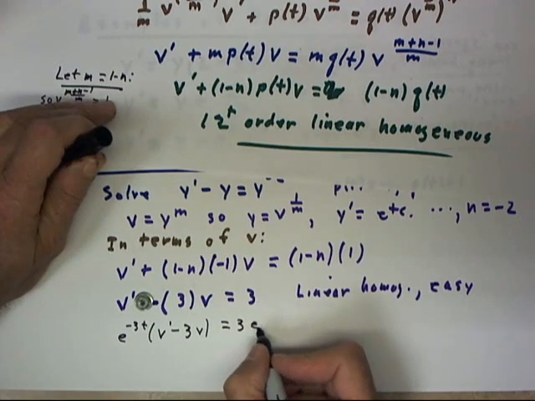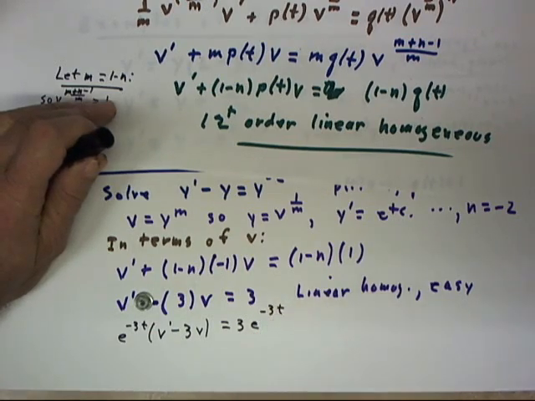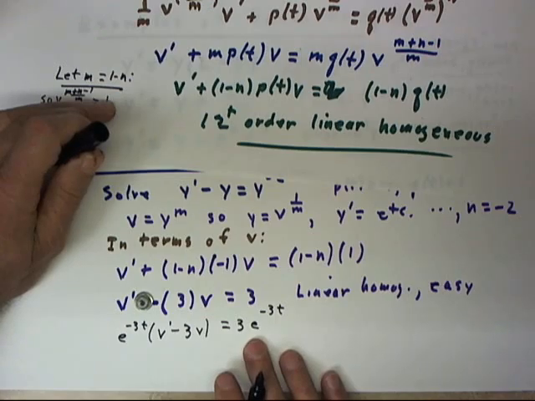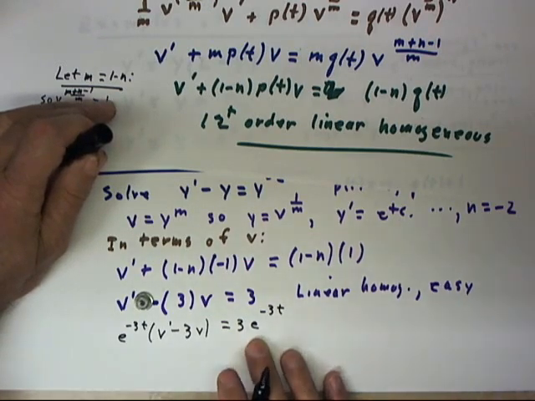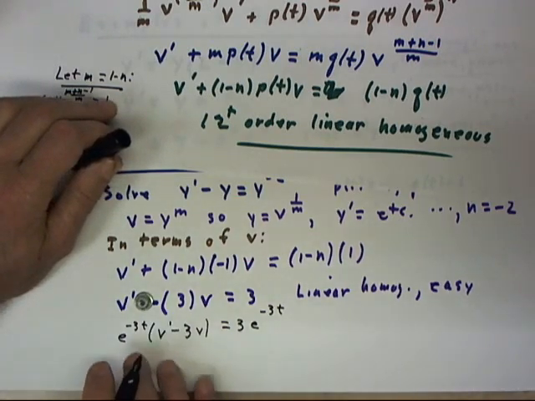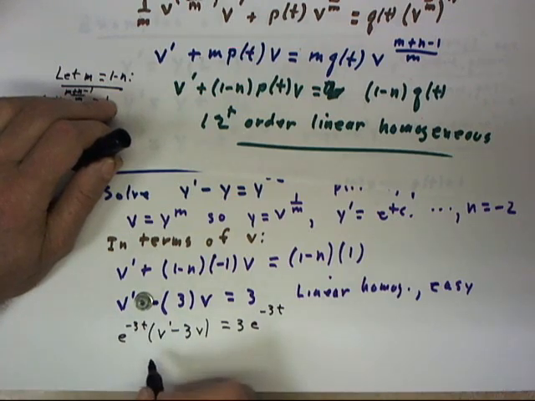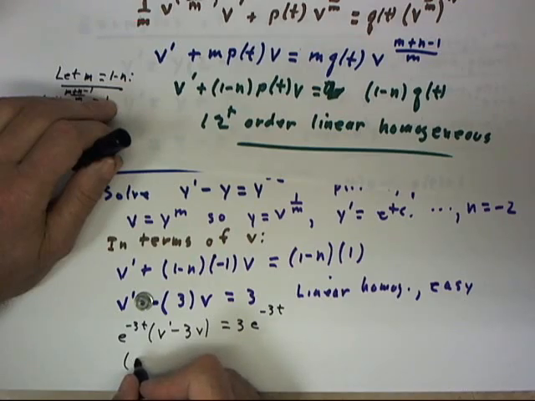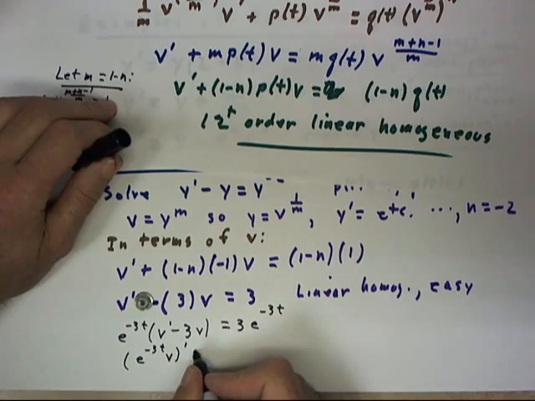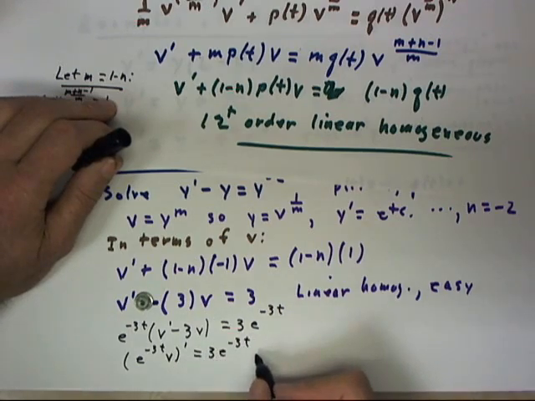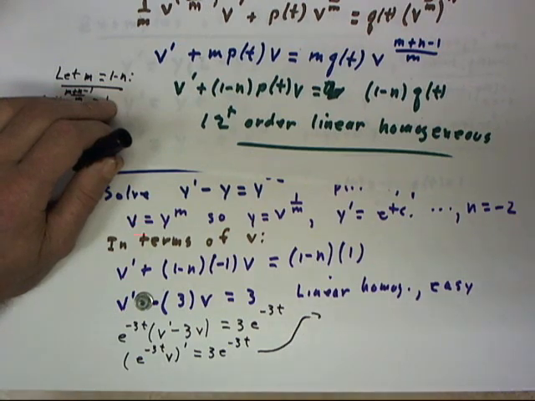And over here we're going to get 3e to the negative 3t. We see that the right-hand side is going to be easy to integrate. The left-hand side is just the derivative of e to the negative 3t times v. So this is e to the negative 3t v prime equals 3e to the negative 3t, which leads us to integrate both sides.